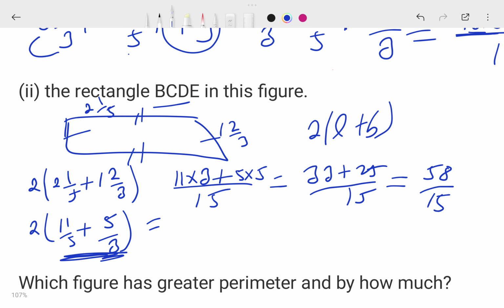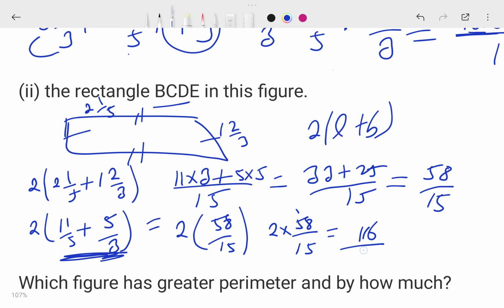And now it is multiplied by 2. So this is going to be 2 cross 58 by 15, and when you multiply this one, it is going to be 116 by 15.